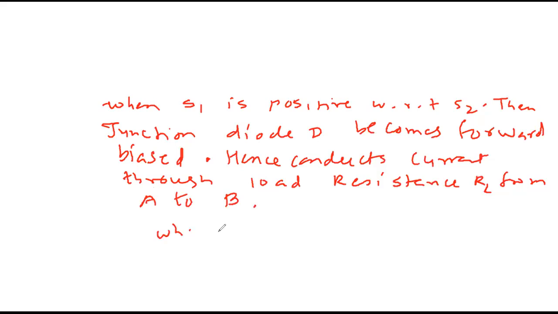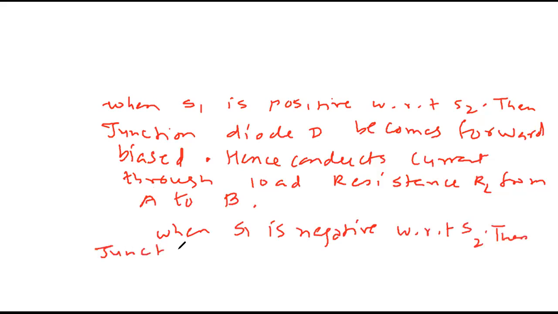When S1 is negative with respect to S2, then junction diode D becomes reverse biased.